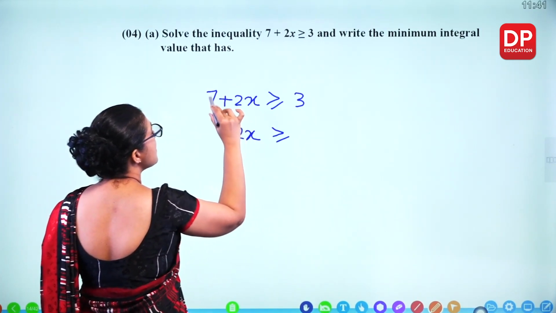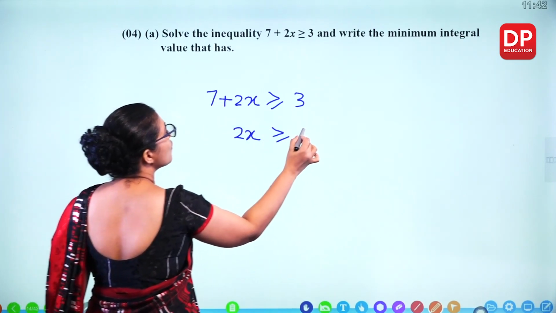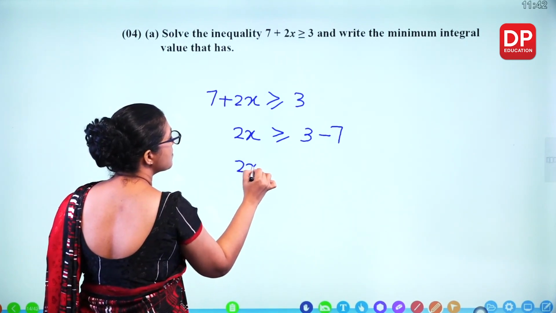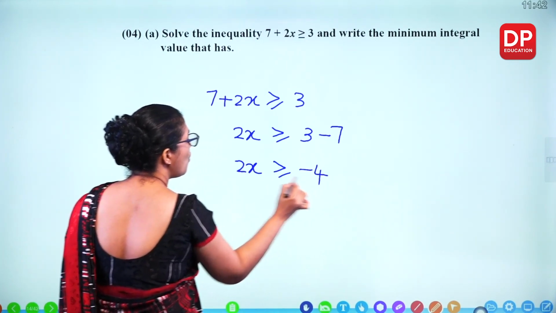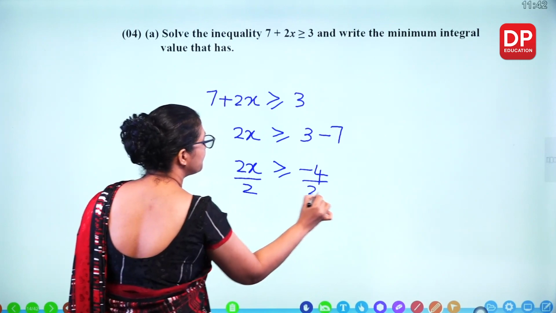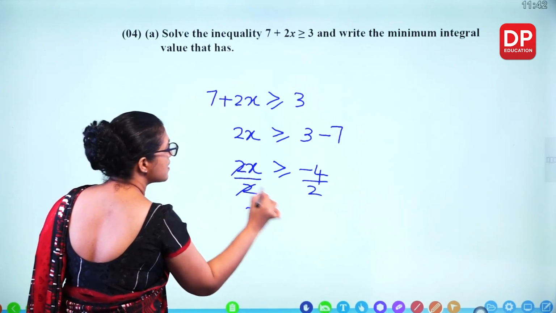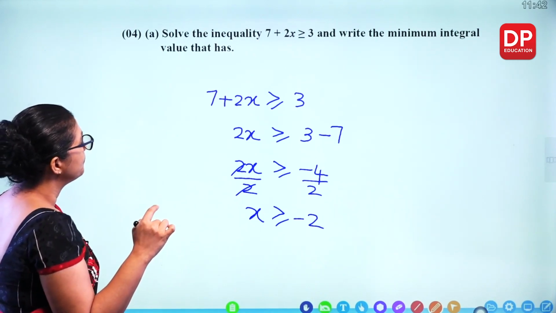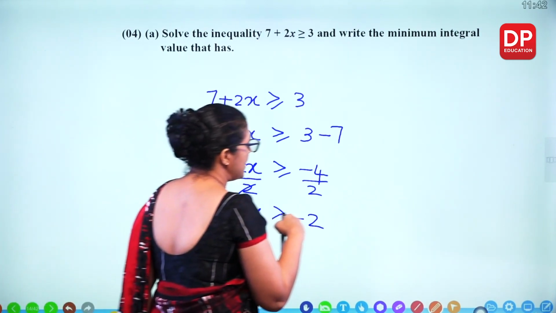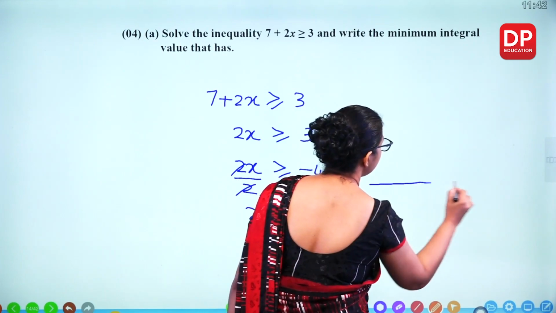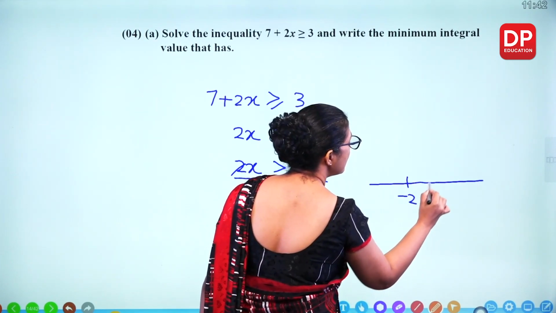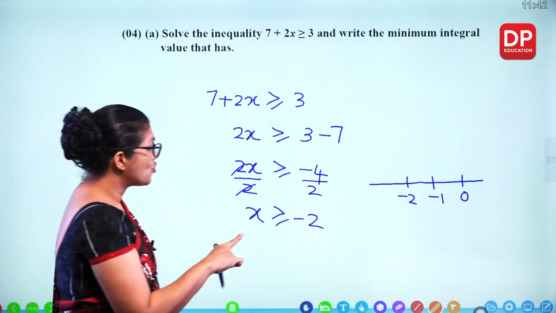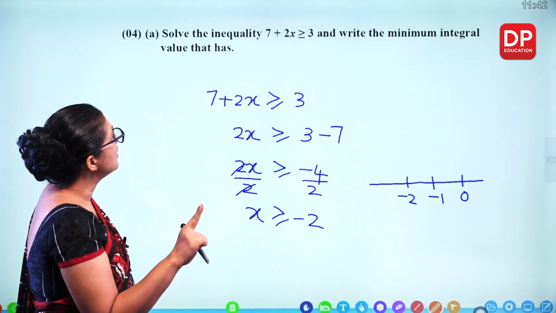Subtract 7. So 3 minus 7, so 2x is greater than or equal to minus 4. Divide by 2. You get x is greater than or equal to minus 2. So that means when you take the number line, minus 2 greater than or equal.